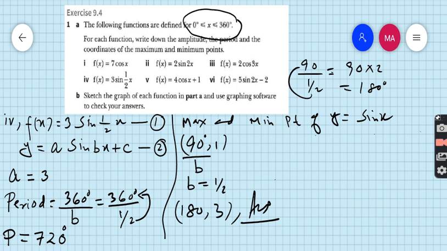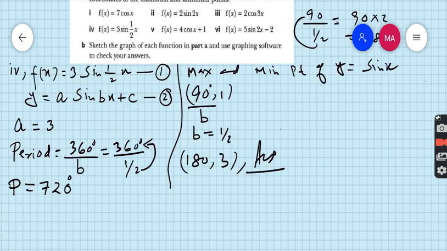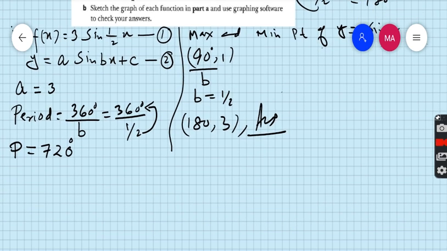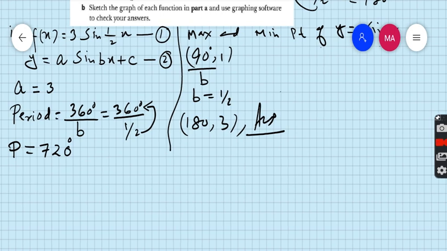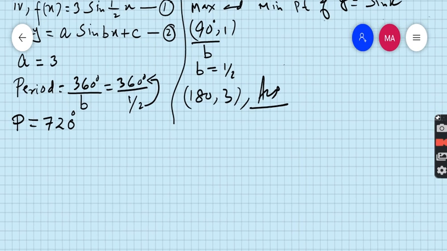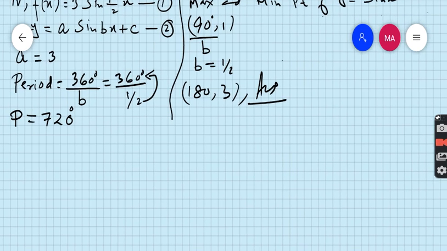Okay, now it's time to plot the graph. So our function is y is equals to 3 sine 1 upon 2 x. First we have to draw x and y axis.